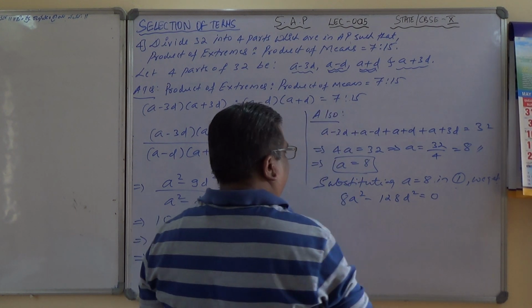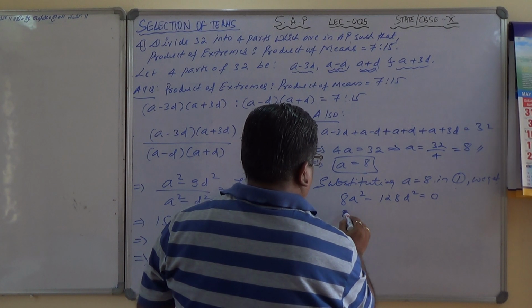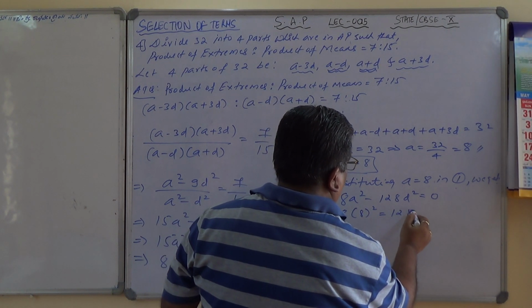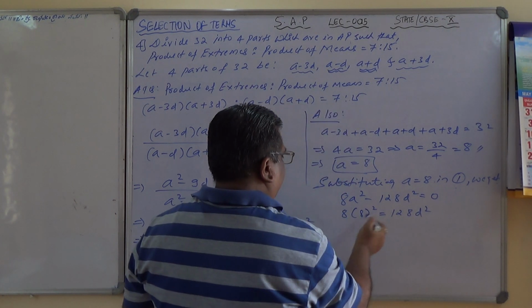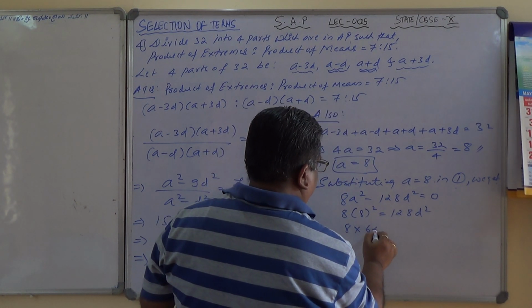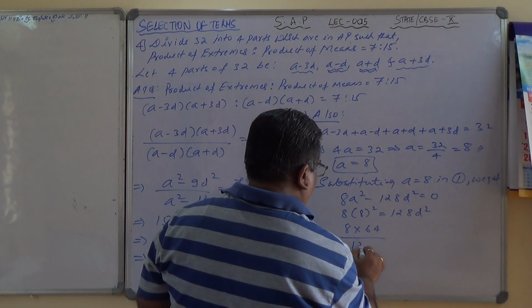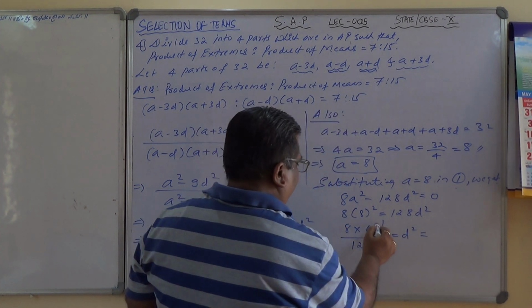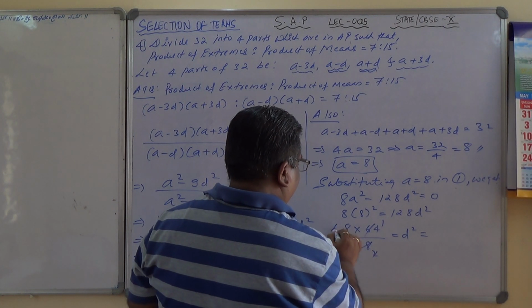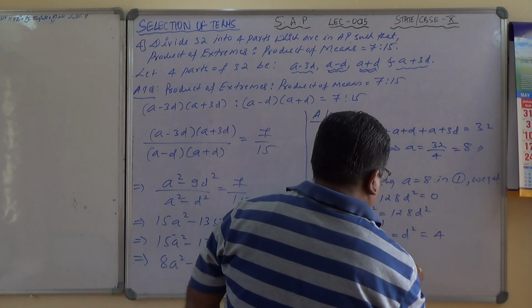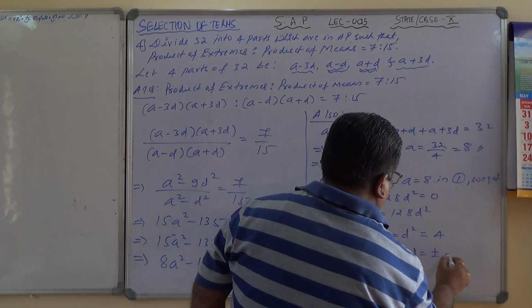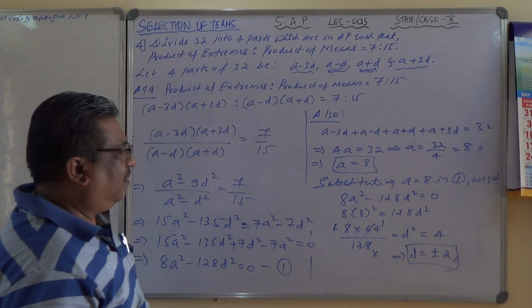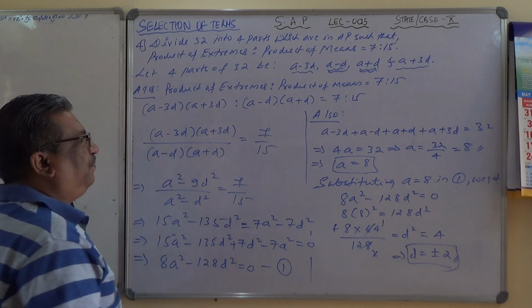So 8 into 8 square equals 128 D square. So 8 into 64 divided by 128 equals D square, which equals 4. So D equals plus or minus 2.